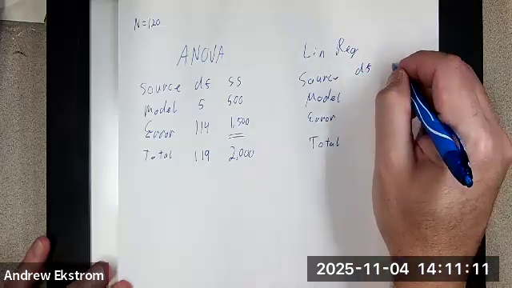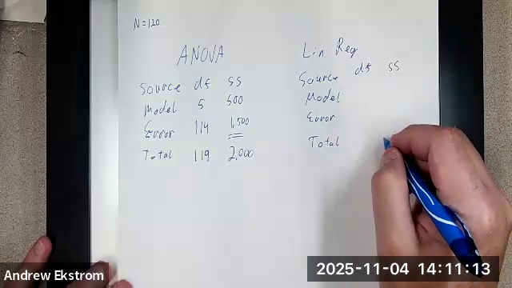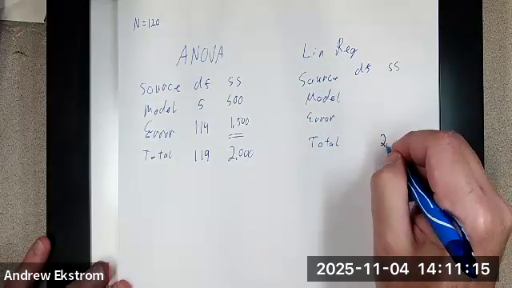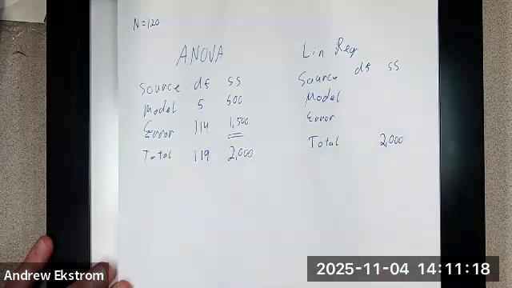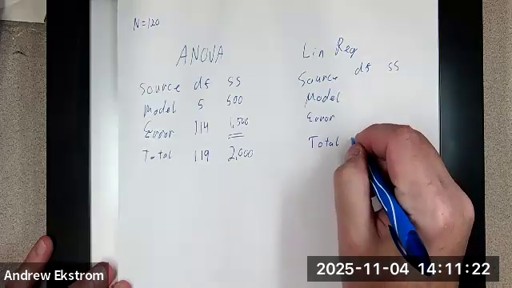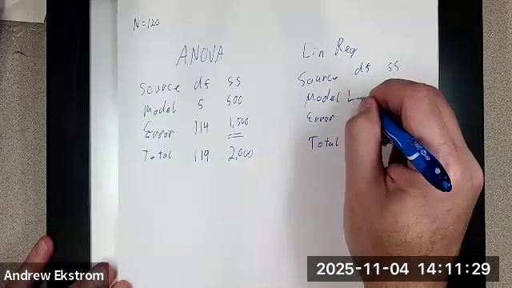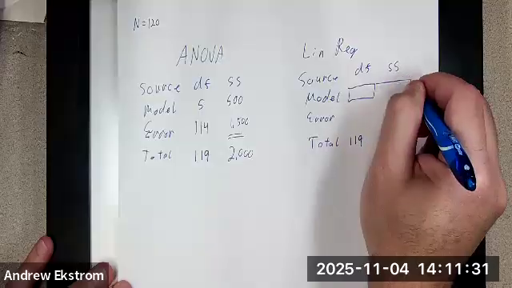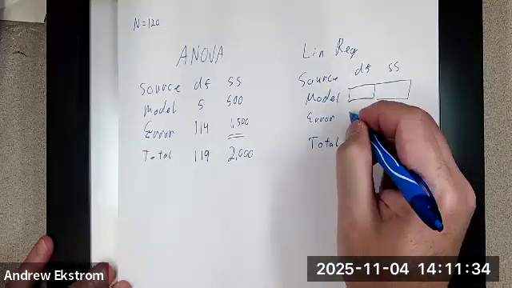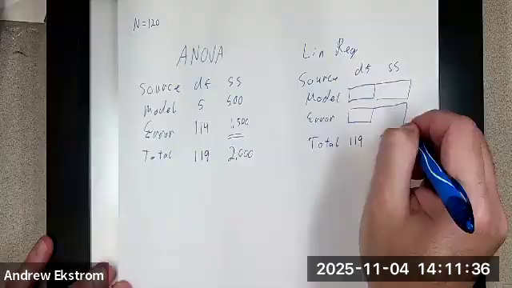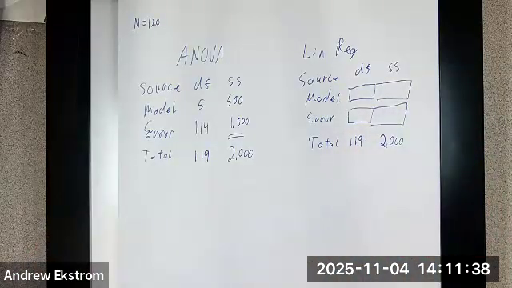Degrees of freedom and sum of squares will be a little bit different. It can still be, say, 2000 down here. The total for degrees of freedom is still going to be 119. But the values that go into each one of those spaces is actually going to change. Potentially, anyway.